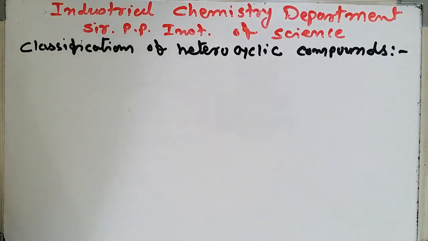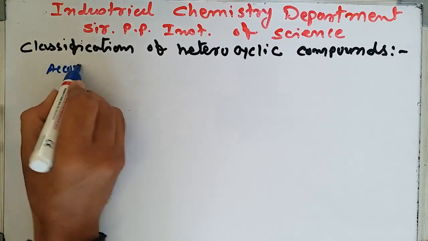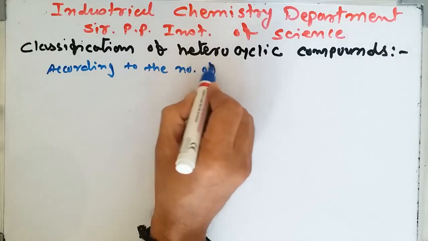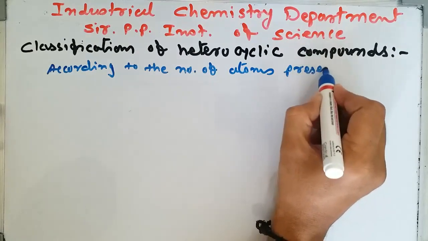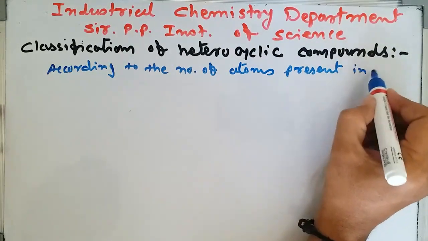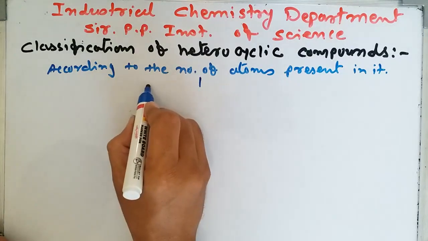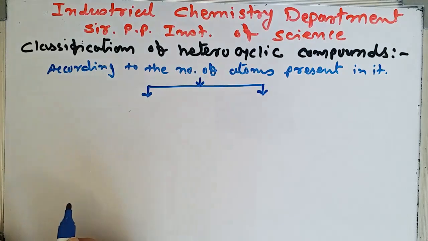According to the number of atoms present in the ring, it is classified into two types.